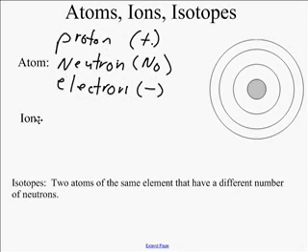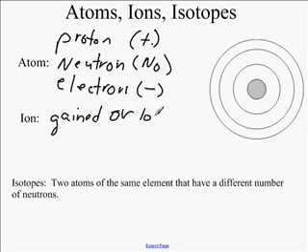The difference between an atom and an ion is that an ion also has protons, neutrons, and electrons. However, the ion has either gained or lost electrons in that particular process and now has a charge. So the definition of an ion is an atom that has gained or lost electrons.